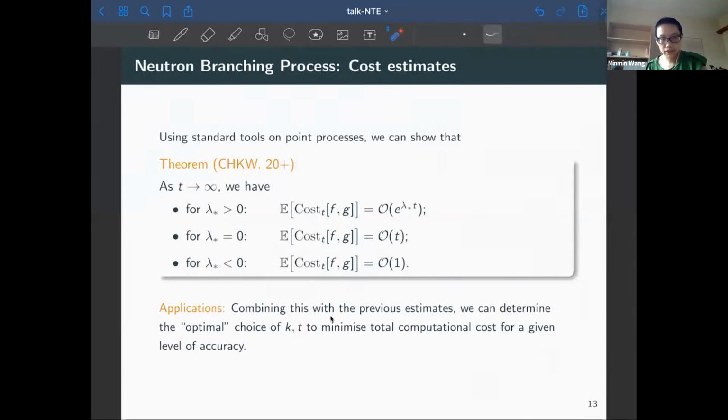Okay, so this is one of the games you can play, but there are all other sorts of optimizations you might want to do as well. So that's so much for the neutron branching process.